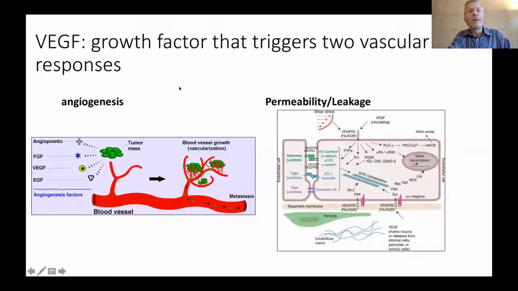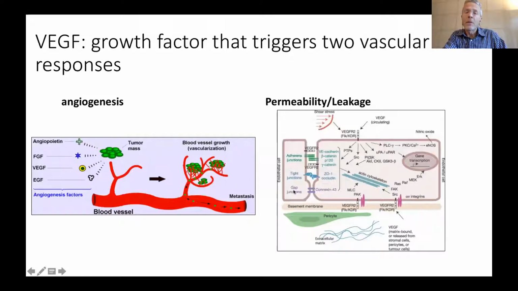The other thing that VEGF can do, besides making new blood vessels grow from existing ones, is cause existing blood vessels to leak. As you can see in this diagram, this is an endothelial cell. This is the outside of the endothelial cell in a vessel. This is the junction between two abutting cells.